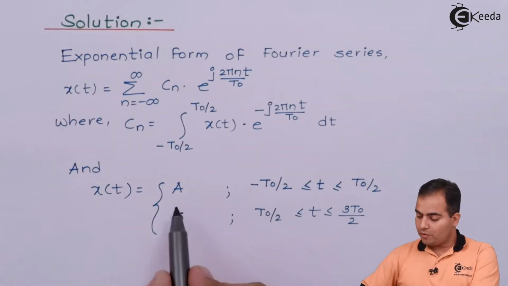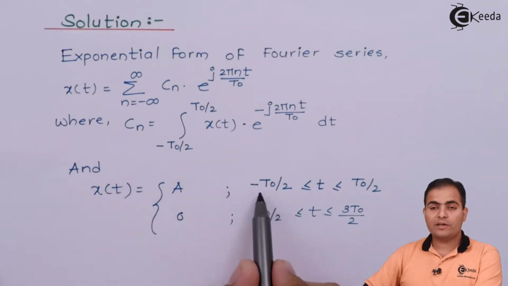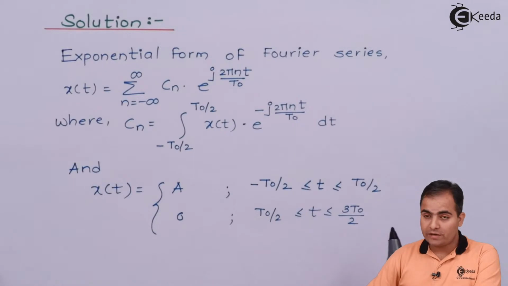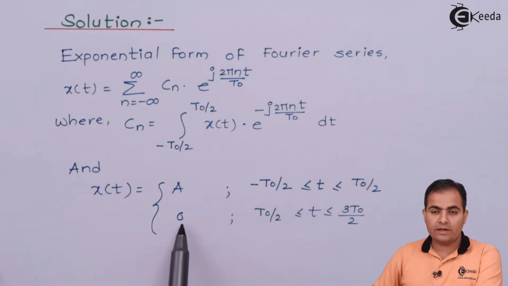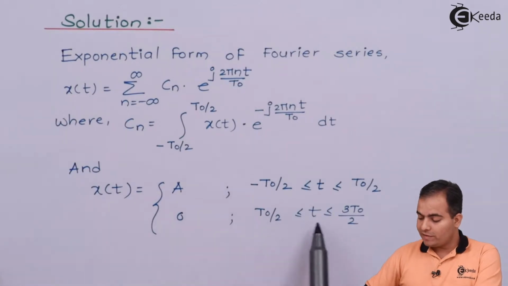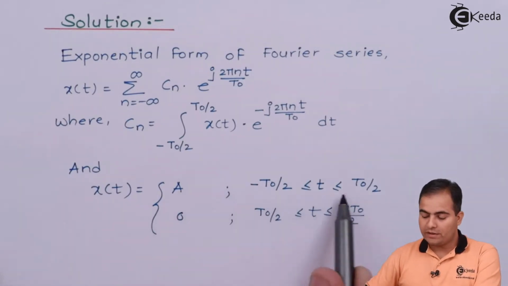So we will solve only this part, because we have amplitude a between minus t naught by 2 to t naught by 2, but here we have amplitude 0. If we calculate the x of t value in between, the result is always 0. So we will solve only this part.